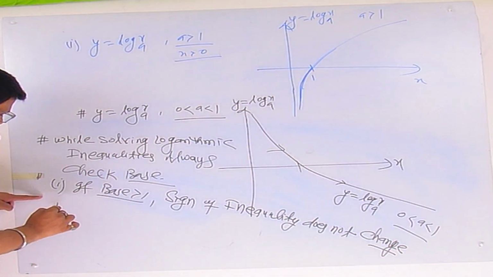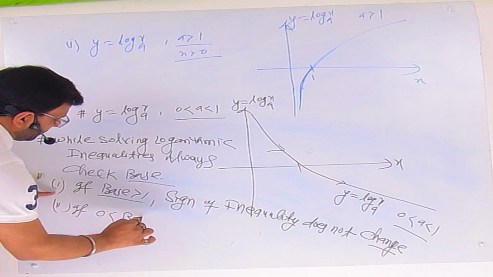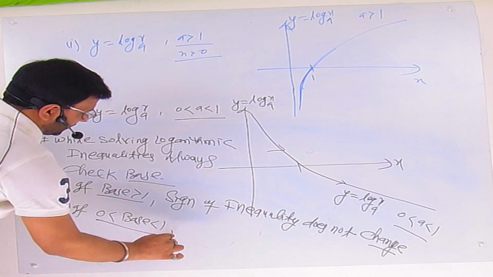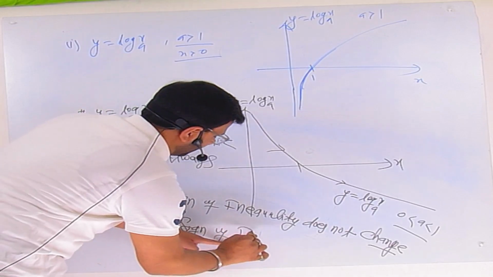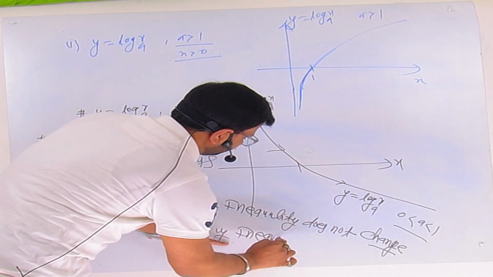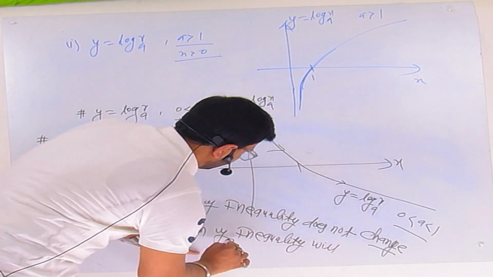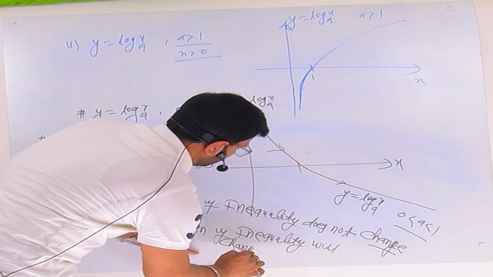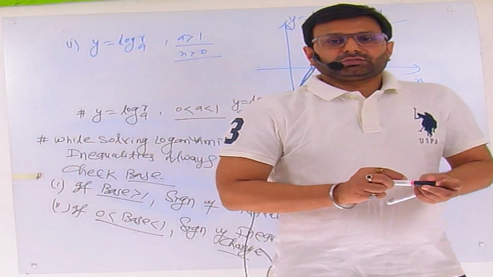And if base is greater than 0 but less than 1, the sign of inequality will change. So in the next page we will solve some questions based on logarithmic inequality.